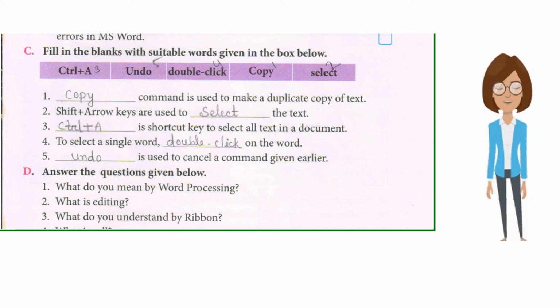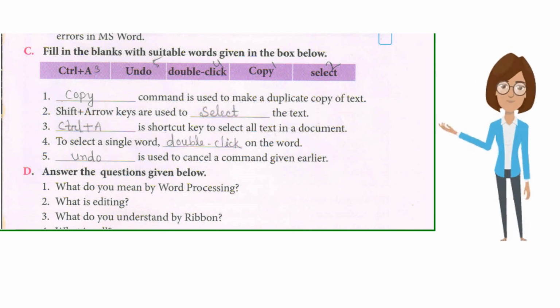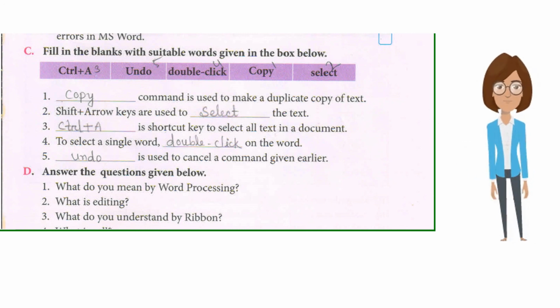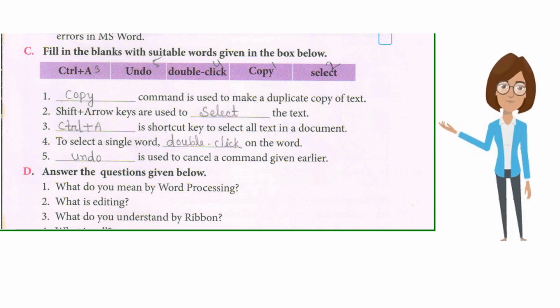C. Fill in the blanks with suitable words given in the box below. 1. Dash command is used to make a duplicate copy of text. Answer: copy. 2. Shift plus arrow keys are used to dash the text.